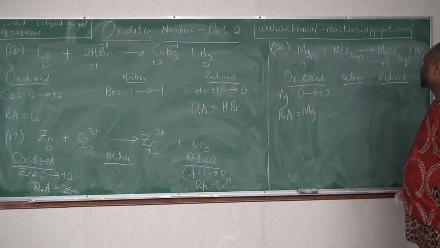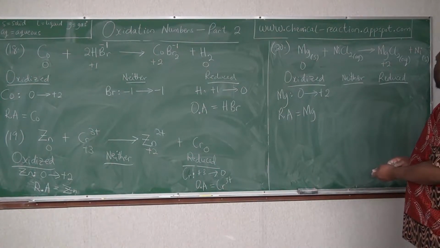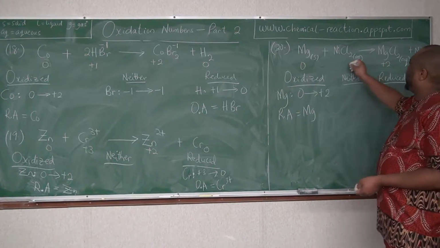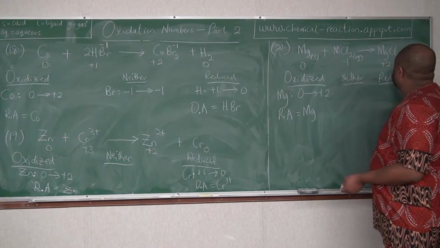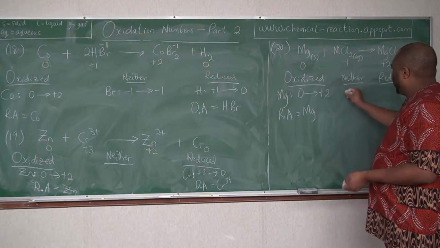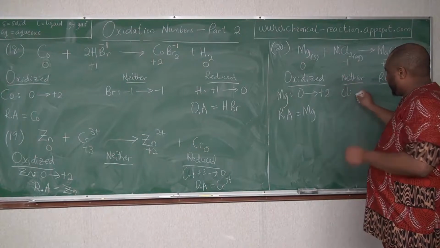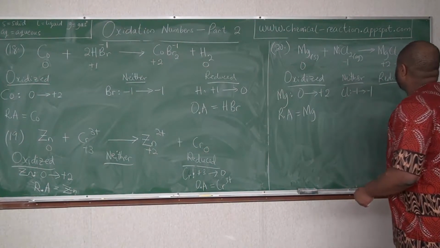Now, chlorine, nothing happens to chlorine. Chlorine here is -1, chlorine here is -1. So chlorine is neither, from -1 to -1.